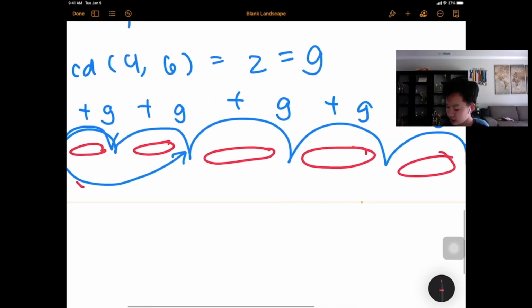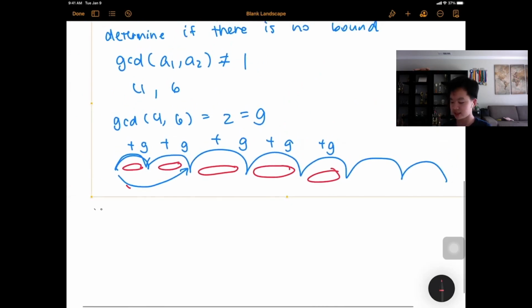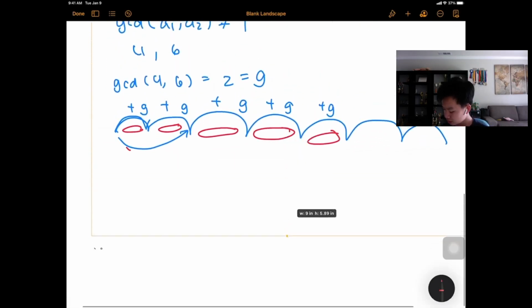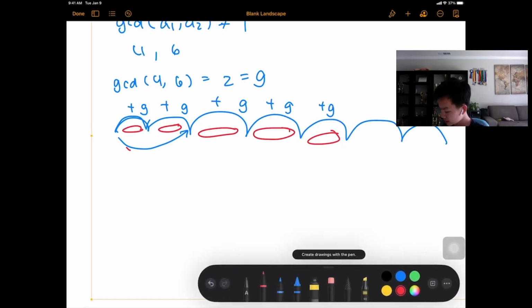So now we can eliminate this case where there's no bound. All right, so now we got that case.